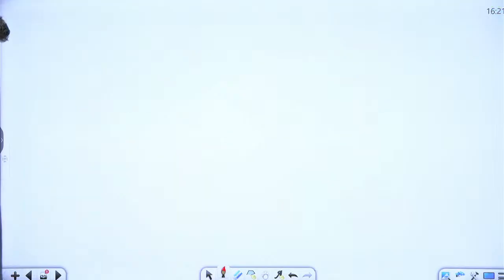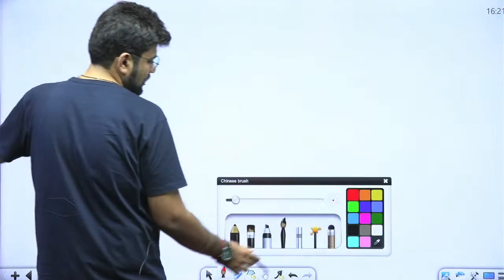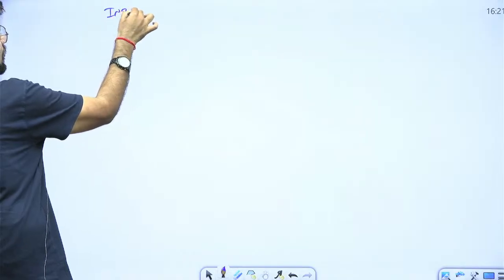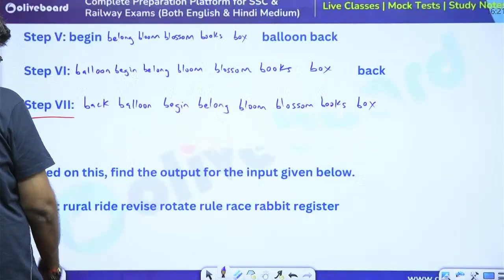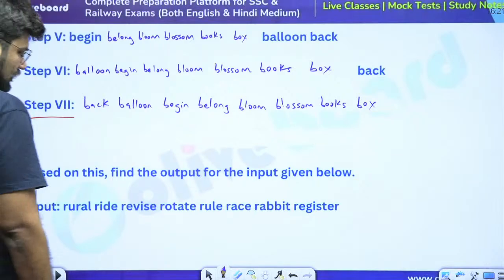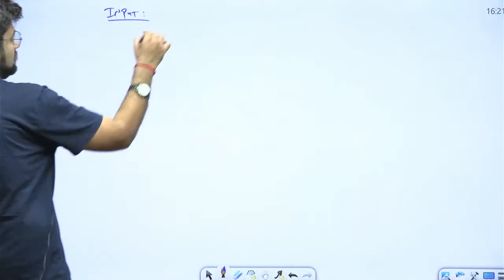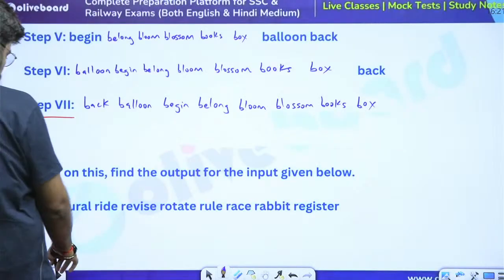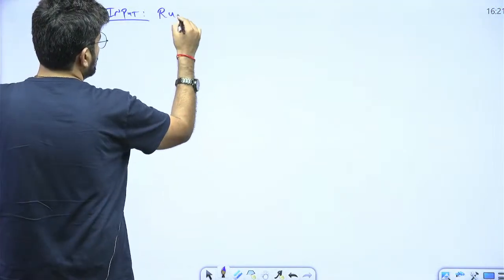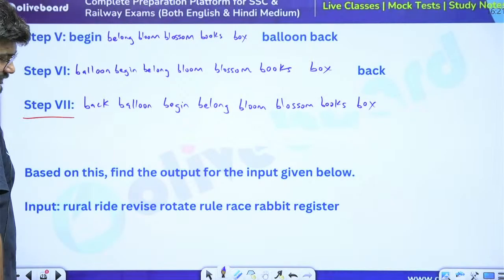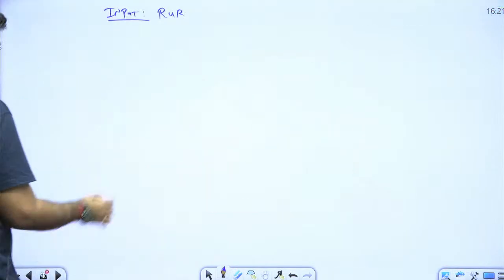So, I'll write the input line here. So rural, with rural we have R-U-L, R-U-R, okay. Ride, R-I, only one.